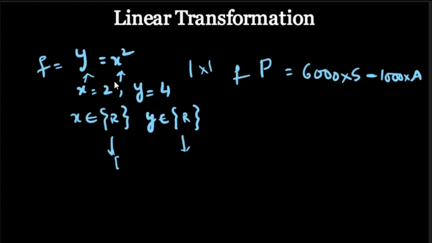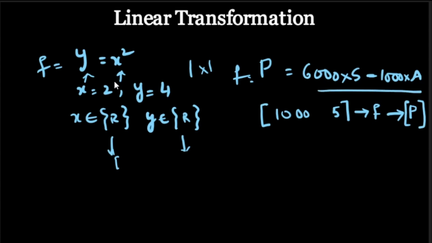Now this specific function, if I give you a housing data set which is in two dimensions, a two-dimensional vector which contains the size of the house and then the age of the house, and pass it to this function, this function outputs a scalar quantity called price, or I can call it a one-dimensional vector, such that this price is derived using this specific equation. So in this case, this function is transforming a two-dimensional vector into a one-dimensional vector.